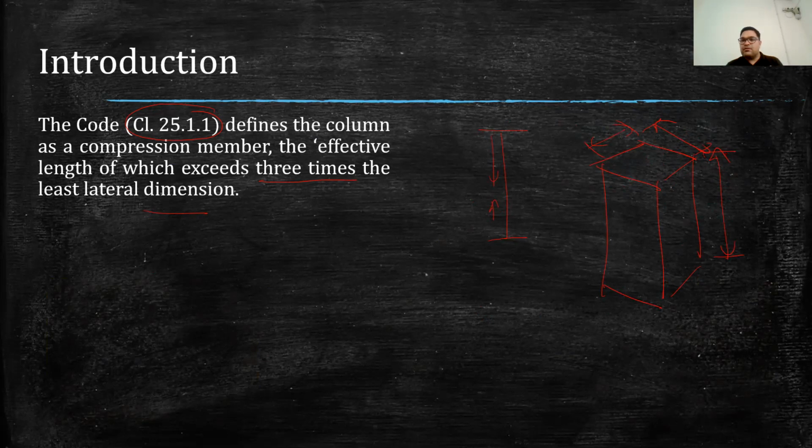So when the effective length is more than 3 times their least lateral dimension, so if it is B and if it is D, if it is more than 3 times of B, then we will call it a column. Otherwise, if it is less than 3 times of B, we call it pedestal.